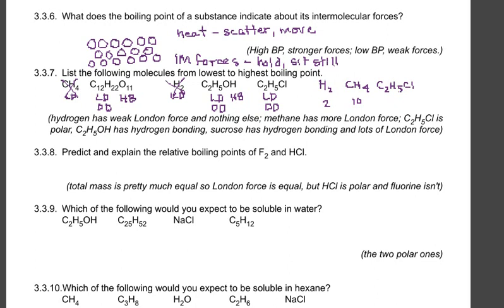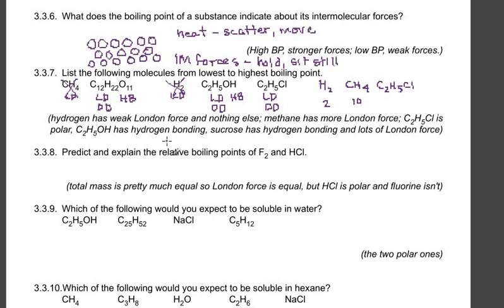I feel bad not knowing that, but the actual number is 8. If you search the sucrose molecule, you'll find it has 8 hydrogen bonds in it, which is the strongest kind of bond. So that should mean that sucrose has the highest boiling point of all of these.